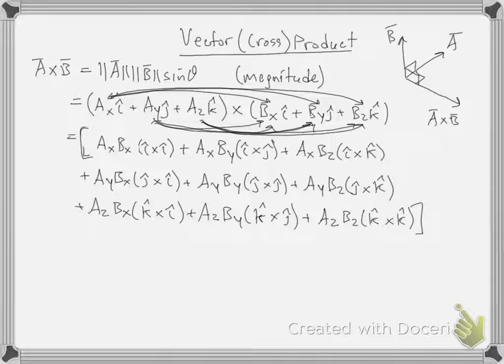Keeping in mind that the magnitude of the cross product, which is what we're ultimately doing, is the magnitudes of A and B and sine of the angle in between. Now, remember that if we draw a little unit vector coordinate axis, we can have I, J, K. Sorry, scratch that, I've drawn this incorrectly.